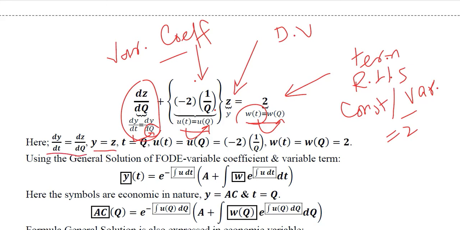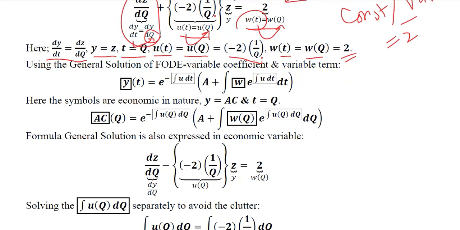Instead of Y we have Z, and instead of T we have Q, and the value of UT is actually the value of UQ, and it is equal to this in terms of Q, and the value of WT is in terms of Q, where the value is equal to a constant. So we have a case which is actually the first order differential equation with variable coefficient, but a constant term.